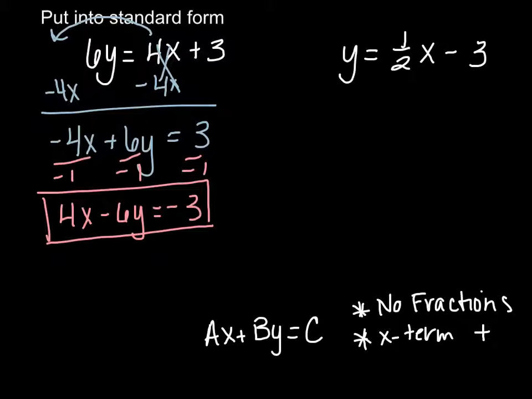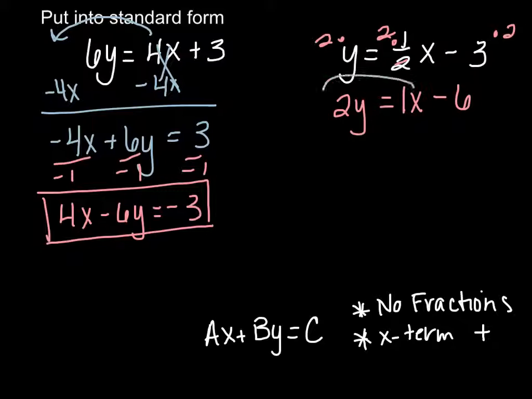The next problem. Obviously, it's not in standard form, it's in slope-intercept form. The first thing I do notice here is that I have a fraction. I like to clear my fractions first. So I'm going to multiply everything by 2 because those will cancel and I'm left with 1x minus 6 and 2y.